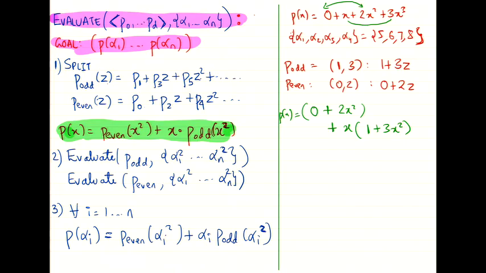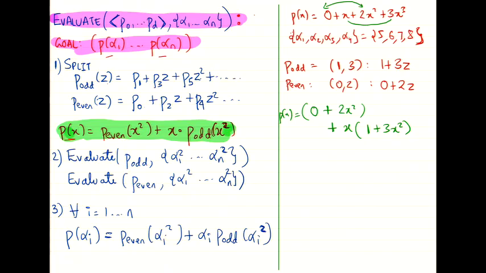But given this equation, you see what's happening. If you want to know p of alpha 1, what you need to know is p even of alpha 1 squared and p odd of alpha 1 squared. Right? This equation is key for us. So what did we want to do? We wanted to compute p of alpha 1, p of alpha 2, up to p of alpha n. This equation tells us how to compute it.